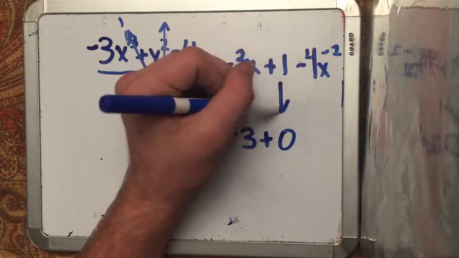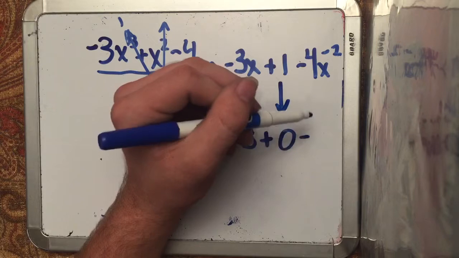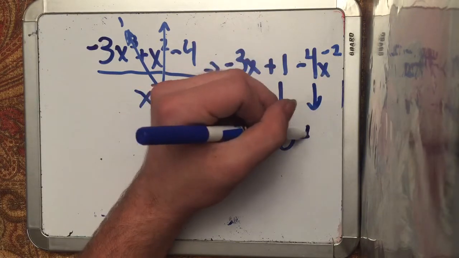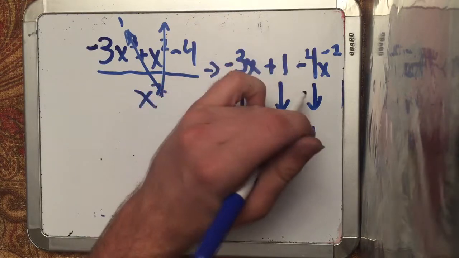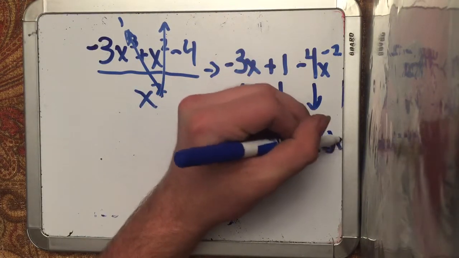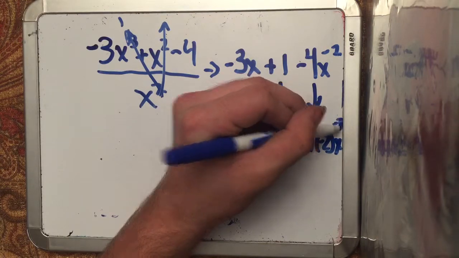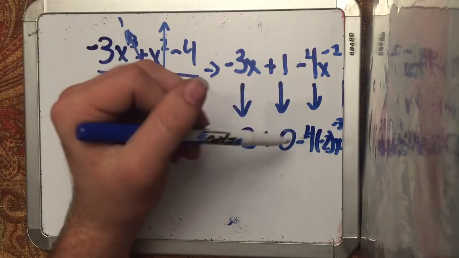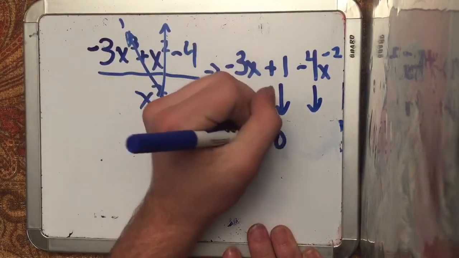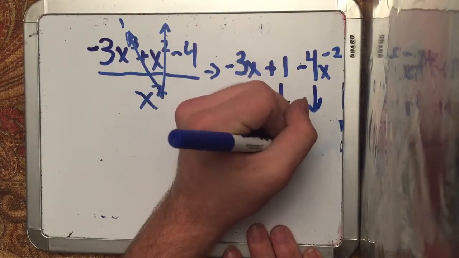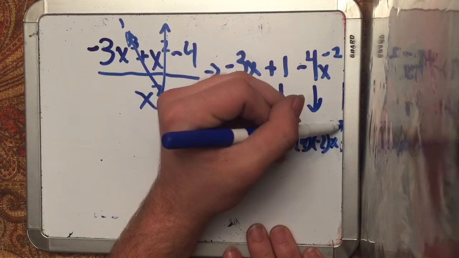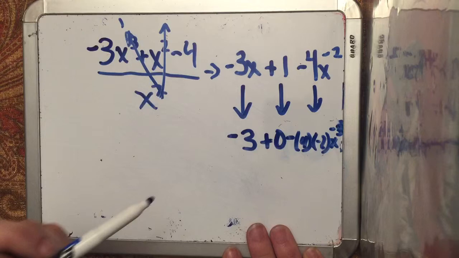So you take the derivative of 1, you get 0, and the derivative of this is 4, which is a coefficient, times negative 2, which is n, times x to the negative 3. Rewrite that. Plus 0 minus 4 times negative 2 times x to the negative 3.